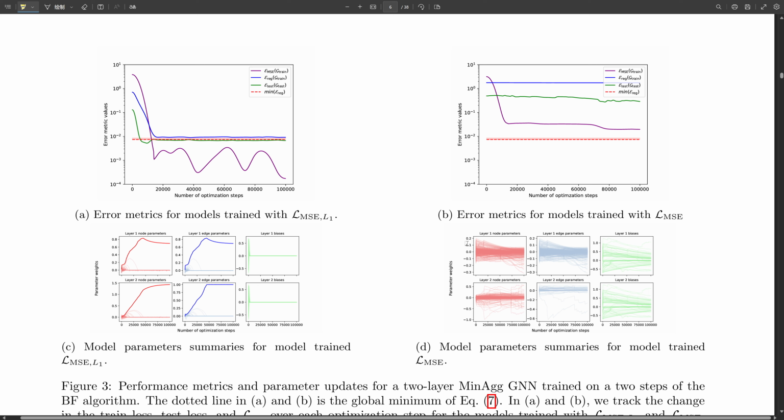Precisely. And speaking of complexity, the research also explores the question of how complex these networks actually need to be, particularly how many layers they need. So how deep does this rabbit hole go? Yeah, and Lemma C.14 tackles that question head on. Basically, what it proves is that if you have a MinAg GNN with fewer layers than a certain number of Bellman-Ford steps, it can't perfectly solve shortest path problems that require that many steps.